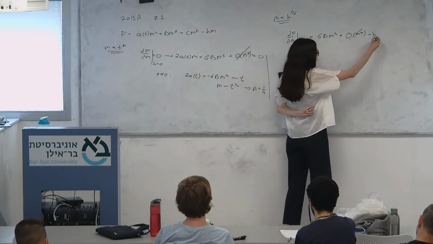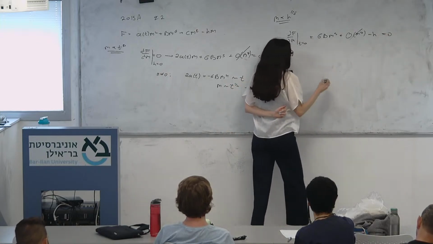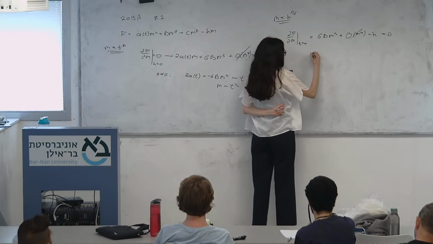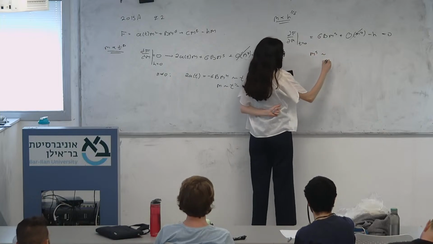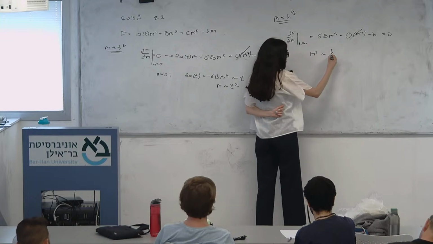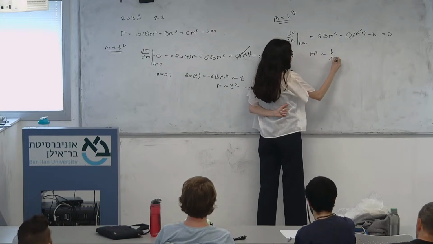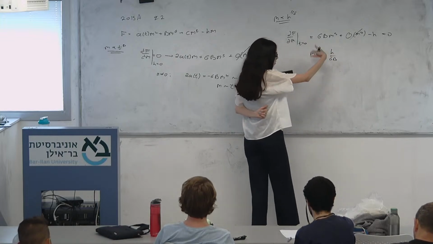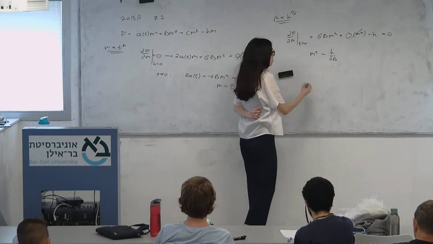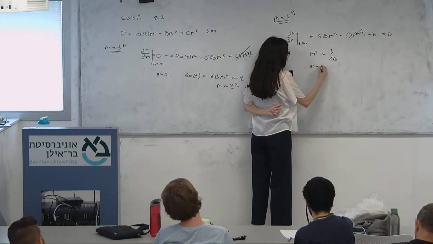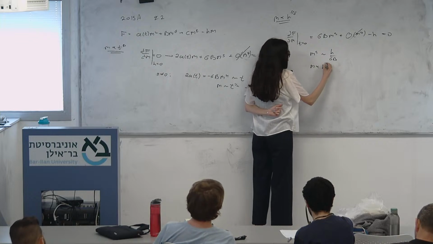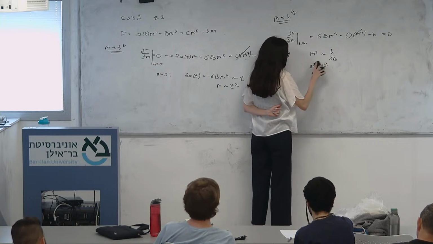So this is all equal to 0. So we get m to the power 5 equal to the magnetic field, basically over 6 b, but this is just a factor. So m is proportional to the magnetic field to the 1 over 5.